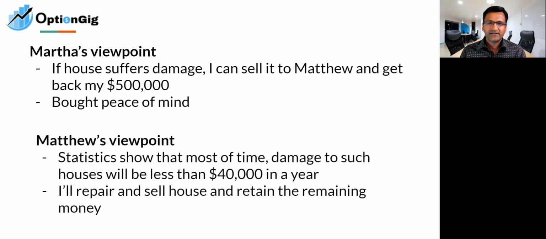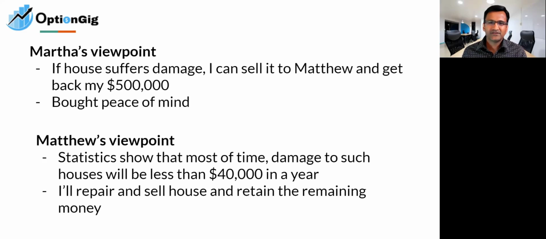Why did Matthew enter into this transaction? Matthew's viewpoint was, he's an insurance guy. He's got a colleague who's an actuary, who can go back and look at the data of how much damage could happen to a house in this area, in this zip code, a house with this sort of construction, built in this time frame.